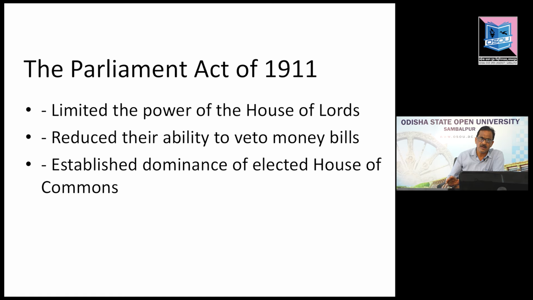That means the landlord people or the rich section of the people now had a limited power in the parliamentary process, whenever a bill is enacted or passed in the parliament. So naturally it established the dominance of the elected house, which is the House of Commons. The House of Lords is not elected, it was a representative body.